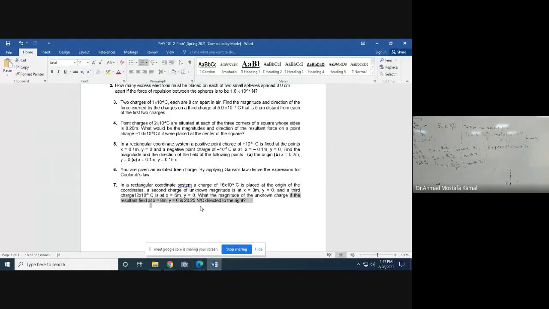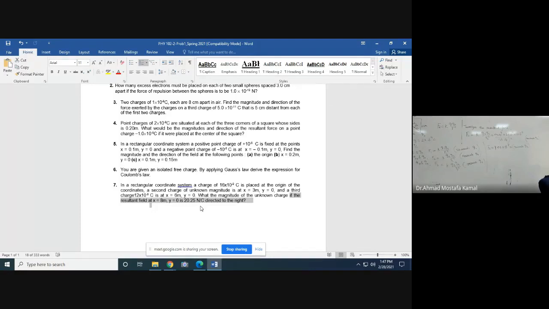This is your figure. Now I will tell you the advantage of drawing the figure. You have three charges, so you have three fields actually. Just as we did last time, there were two charges. In the dipole system we have two charges, so field due to q1 is this, field due to q2 is this.